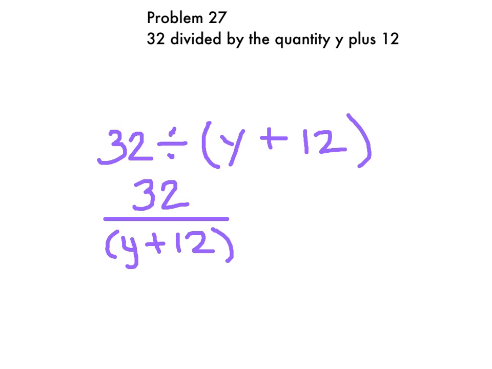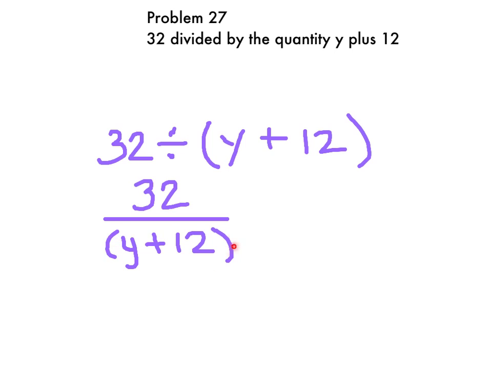There you go. So in this case here, I already did your extra credit. The questions I'm going to ask you are, I said the quantity y plus 12, and why did the y plus 12 go in parentheses? It's because it's telling you this whole quantity of y plus 12 is what you're going to divide 32 by.